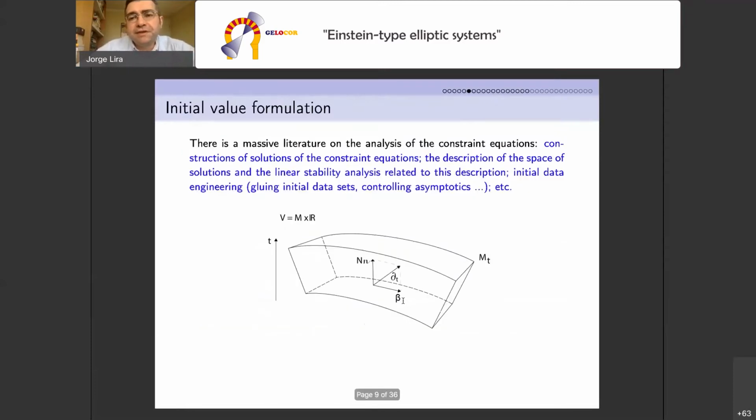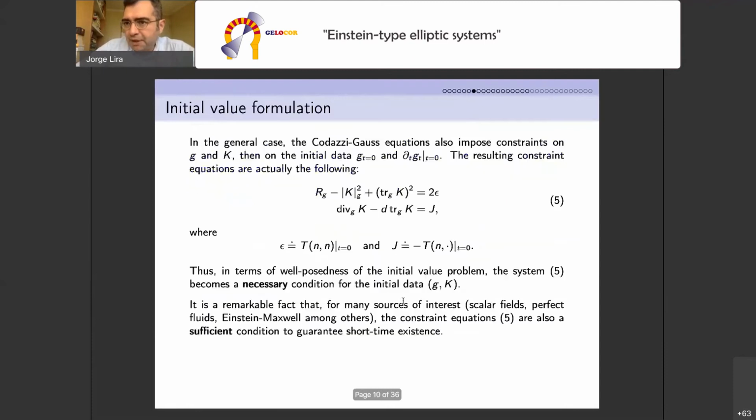Okay, so the purpose here is to see how you can manage to solve these constraint equations with this non-trivial right-hand side. The right-hand side is given by information coming from the Einstein energy momentum tensor, so some components of this energy momentum tensor appear in the right-hand side.